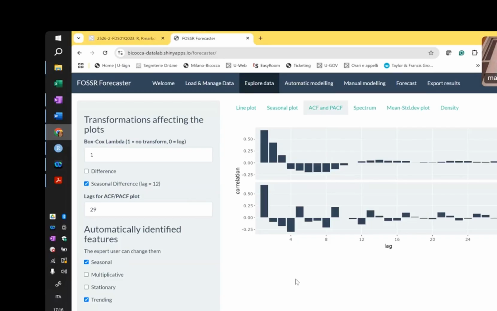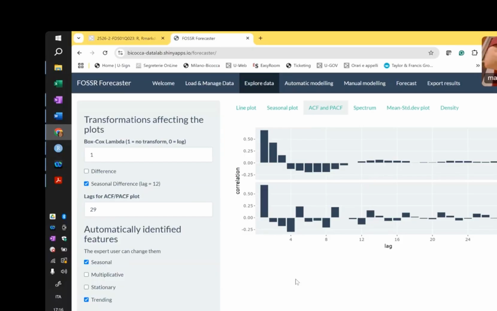It looks like there's also some kind of sinusoidal behavior, but then eventually it goes to 0. The fact that there is a sinusoidal behavior, if you remember, I already told you, means that probably there's something like a business cycle, something that in some way lets the time series go up and down at a certain frequency.